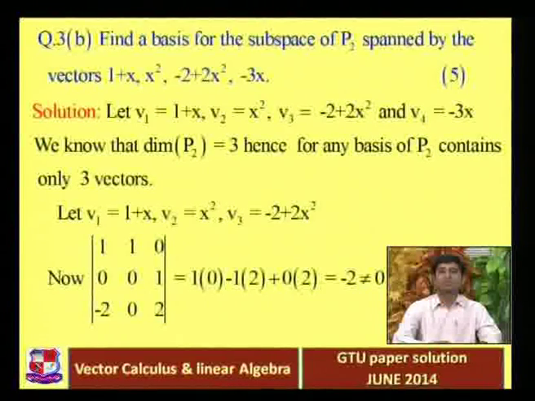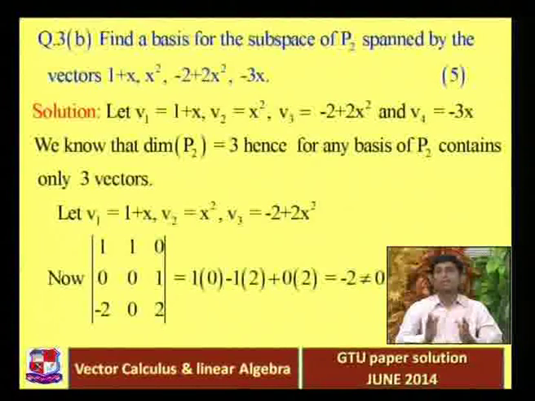because the dimension of P2 is equal to 3, there is one important theorem: if the dimension of V is equal to n and we have n linearly independent vectors of the set V, then those n linearly independent vectors are basis vectors.